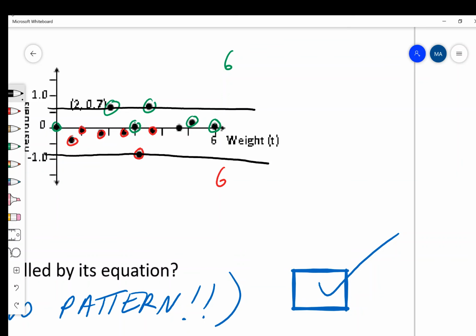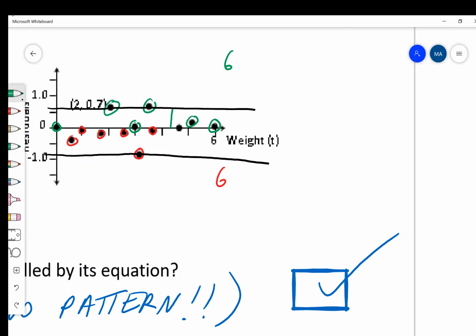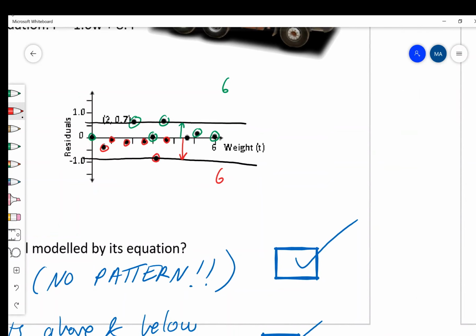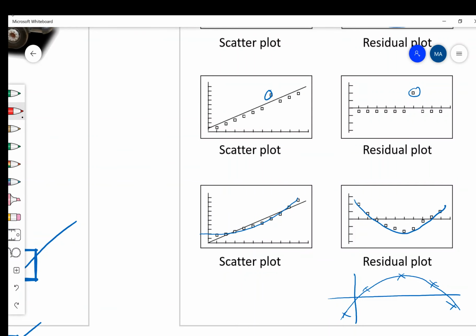When we do that, we want the distance to be about the same from the horizontal axis in the positive direction and in the negative direction. Now they're relatively the same. There's not a huge discrepancy between those two. So this looks like an even horizontal band. And it's for a similar reason as before, with the same number of points being above and below the x-axis.